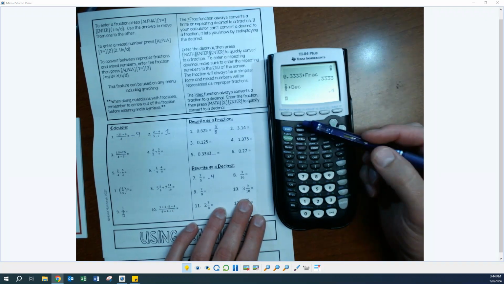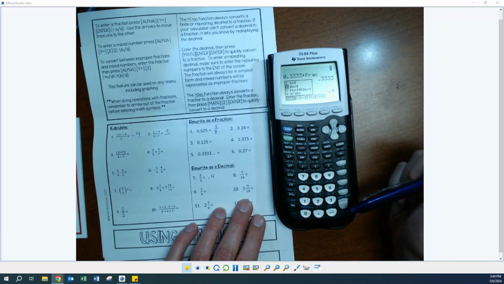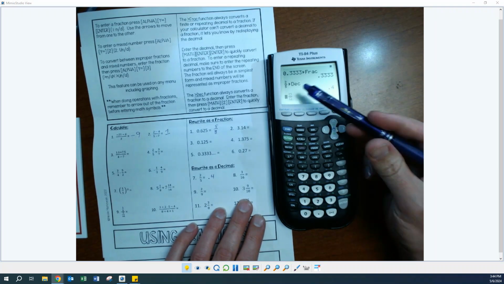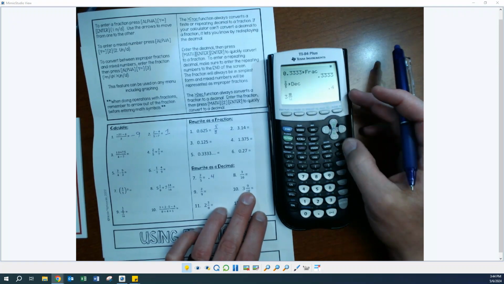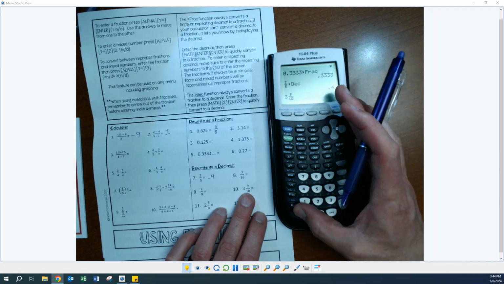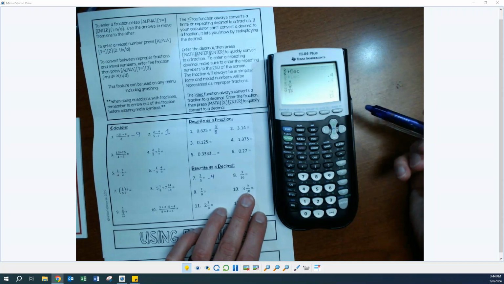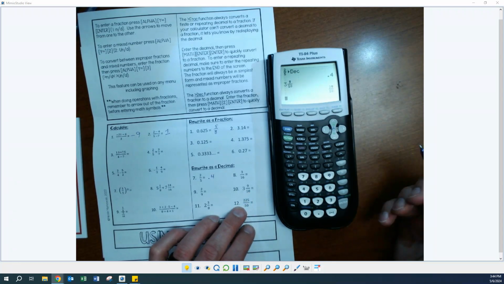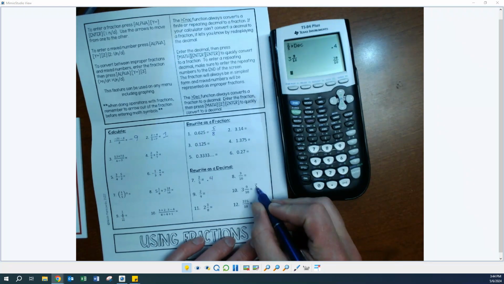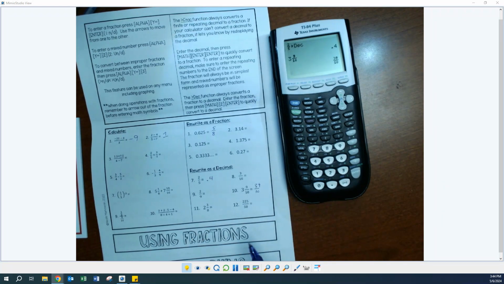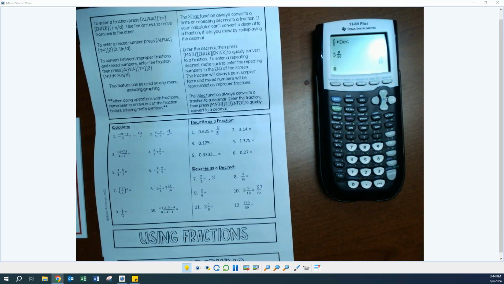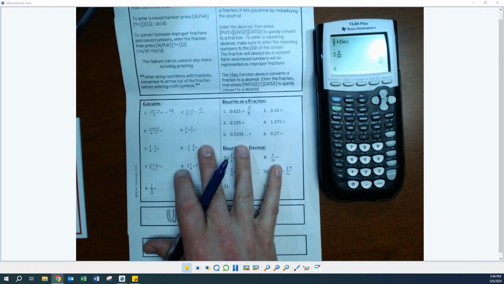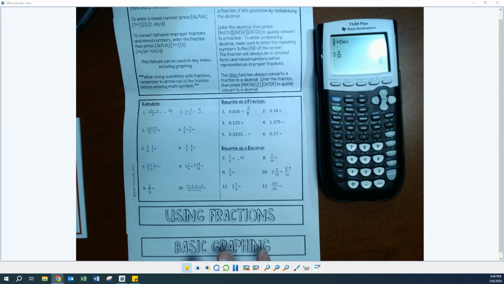So you would hit alpha y equals, go down 1. That gives me my spot out front. So that's 3, 9/10. So that is 39 over 10. It's your responsibility to go ahead and finish off the rest of this.